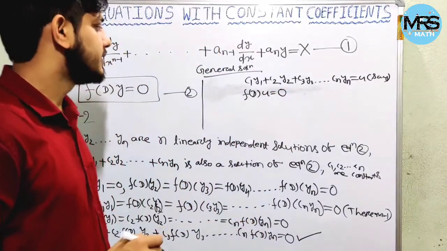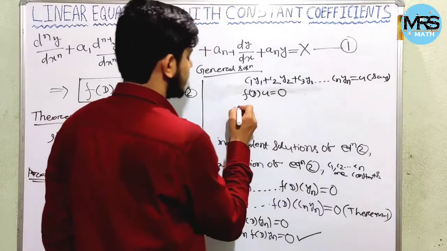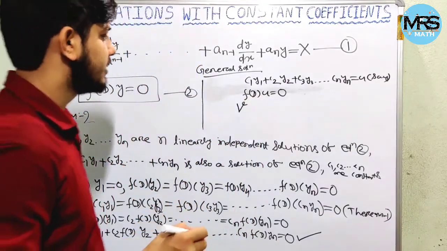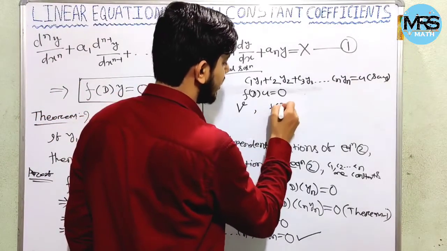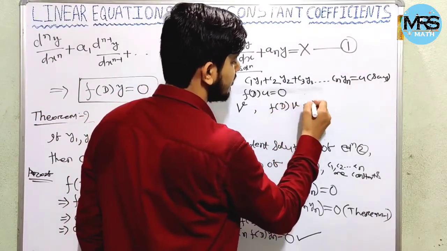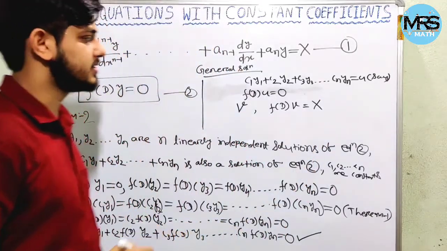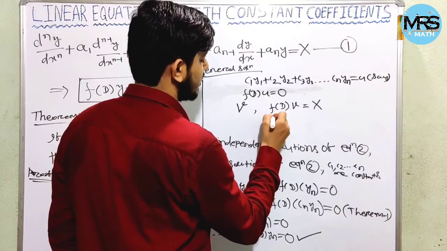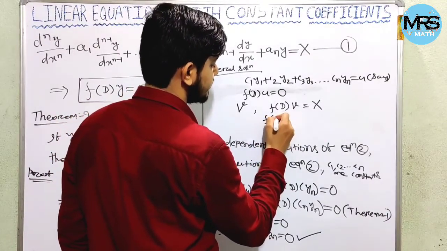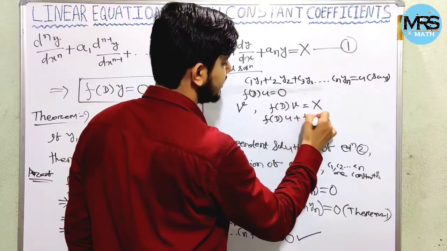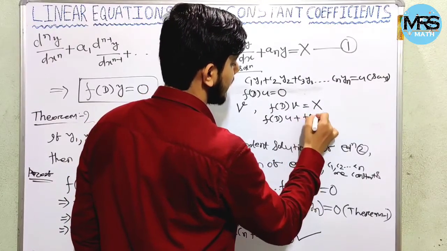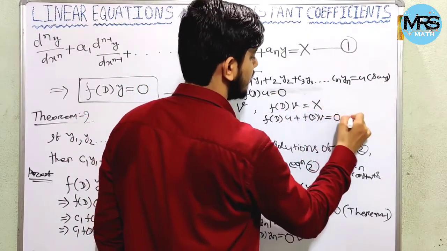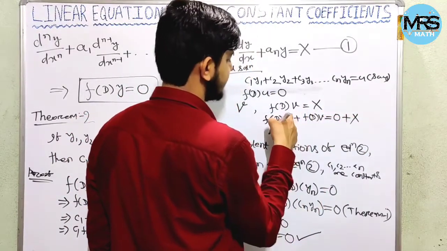Similarly, if we consider another particular solution v, then we can write f d of v equal to some function x. Now if we take the linear summation, that is f d of u plus f d of v, then we get 0 plus x, that is x.